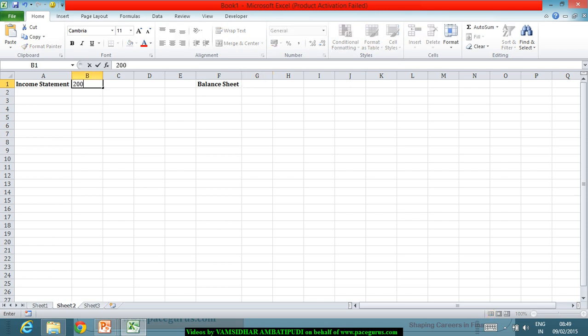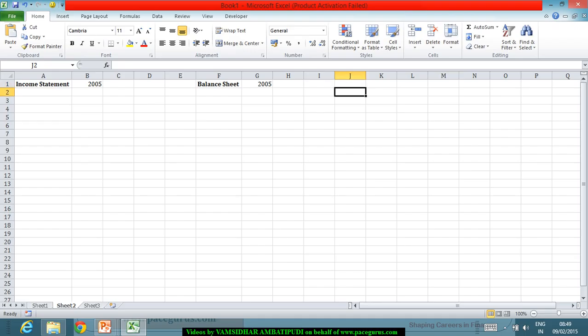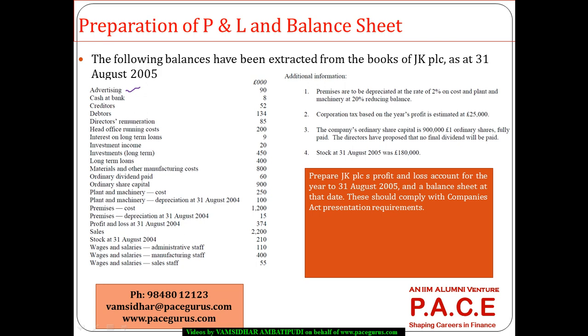All right. Let's see item by item, and wherever something has to go as a part of the notes, we'll take it. Advertising is 90. So advertising typically goes as a part of the typical selling and distribution kind of expenses. So I'll take advertising as 90.